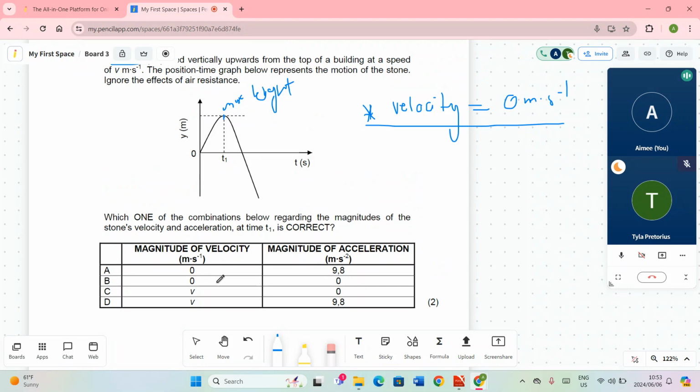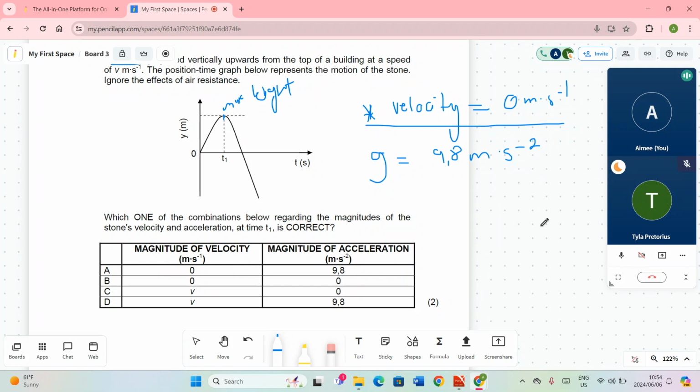Okay? And we also know that at every point in the movement of the stone, unless it is in contact with the surface of the earth, unless it's touching the earth, unless it's hit the ground, its acceleration due to gravity will be 9.8 meters per second squared.